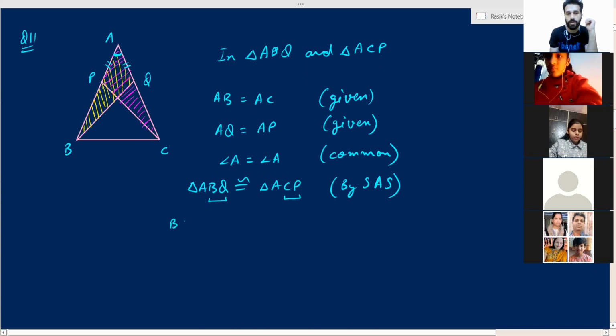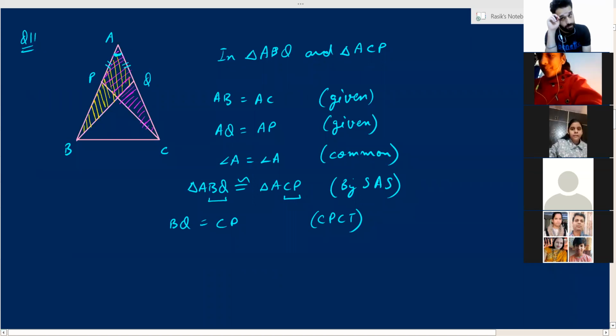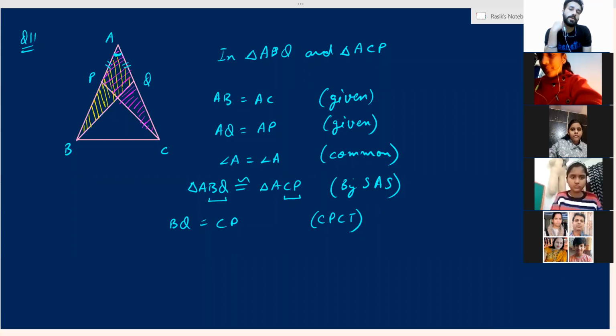We can say that BQ is equal to CP. Reason? By CPCT. So this is what we had to prove, that BQ is equal to CP. We have proved it.